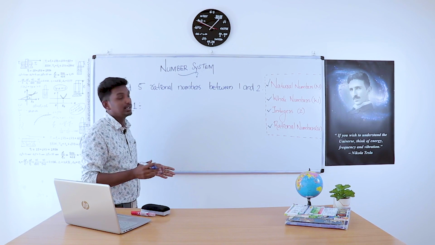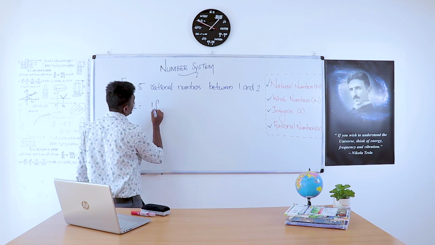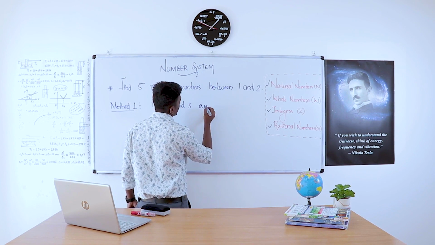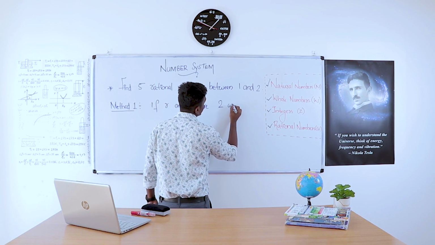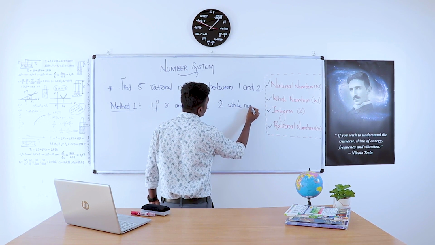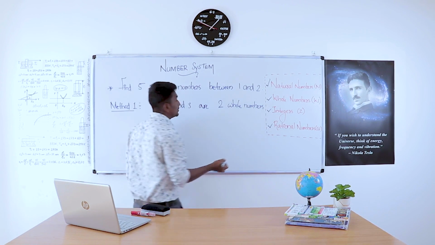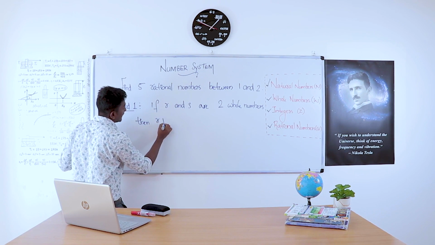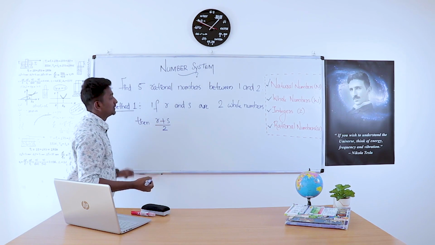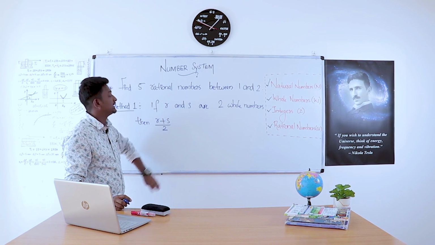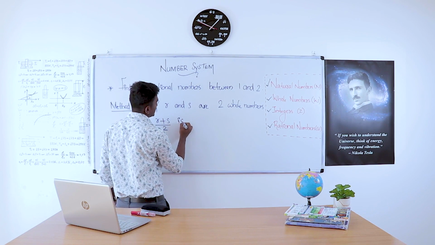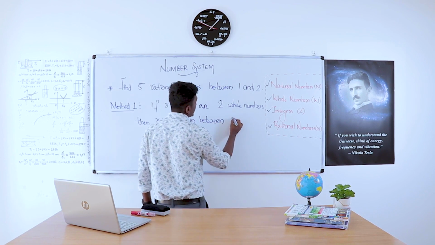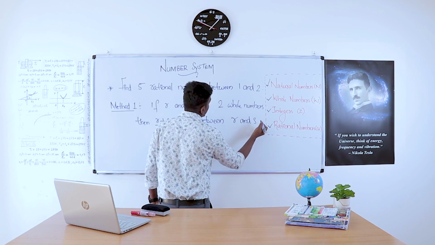If R and S are two whole numbers, then R plus S by 2 is in between R and S. Clear?